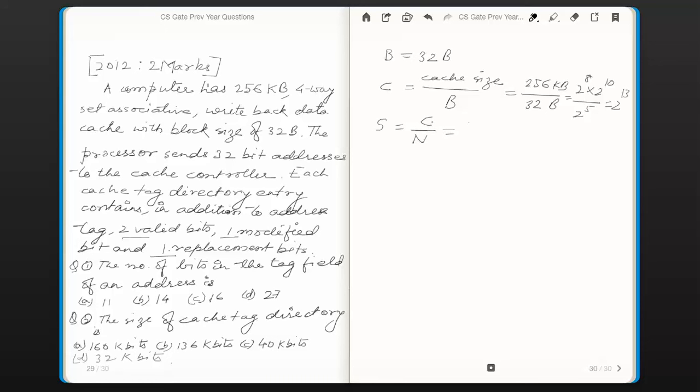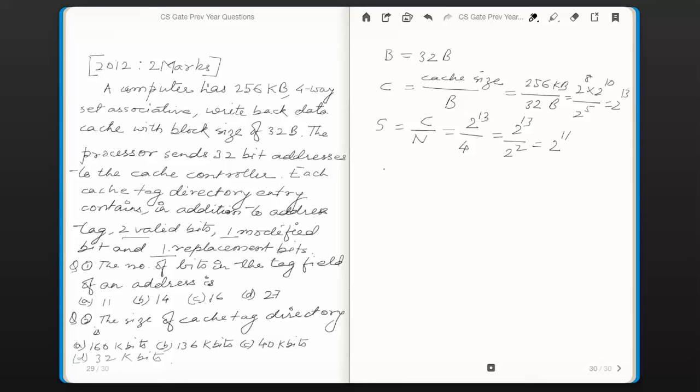Here the number of cache blocks we have found out as 2 to the power 13 and the value of n is 4, because it is 4-way set associative. So 2 to the power 13 divided by 4, 4 is 2 to the power 2, so number of sets would be 2 to the power 11. Now we have found out number of sets.